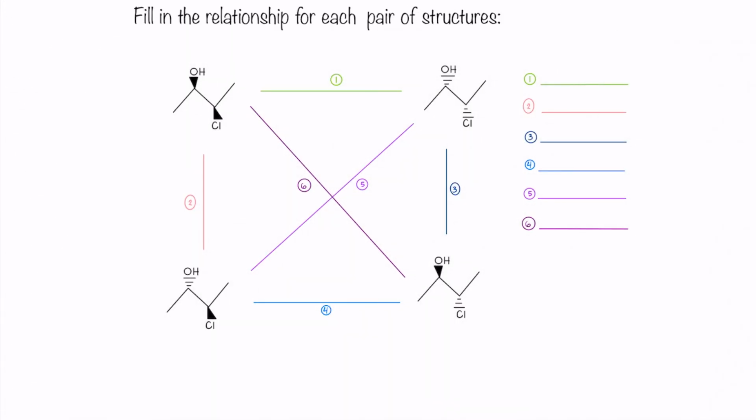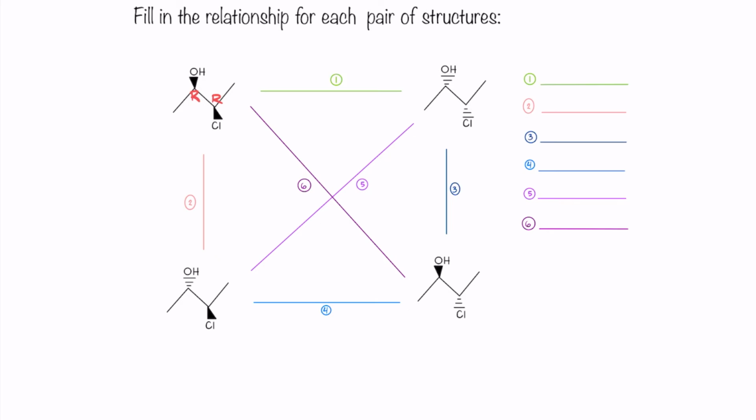Now, knowing that, we can go ahead and fill in the relationship for each pair of structures. Let's try number 1 as an example to see how we might do this. First off, let's label. We already calculated way in the beginning that this was RR.